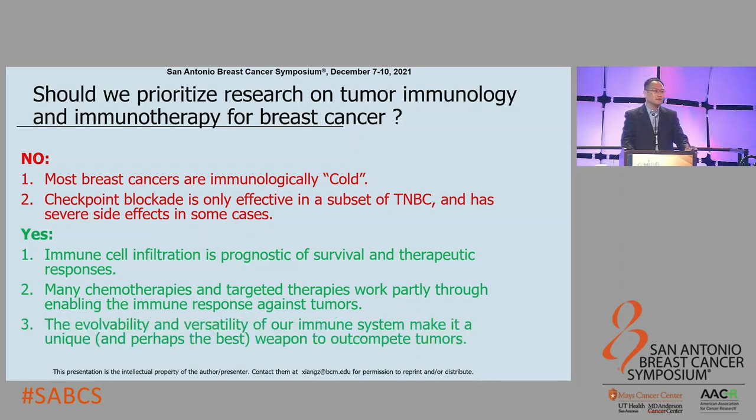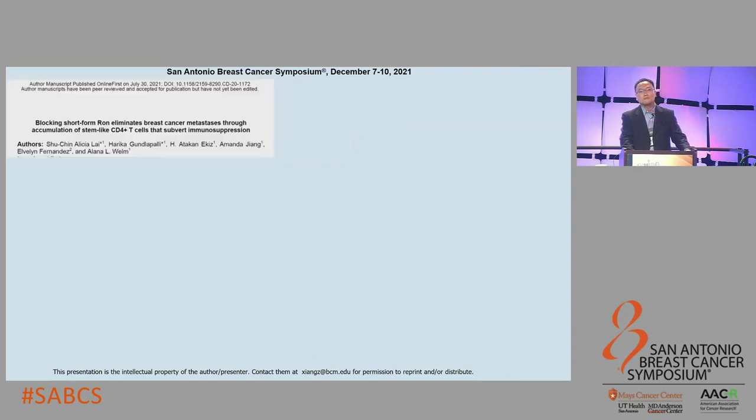And finally, it is my personal opinion that the evolvability and the versatility of our immune system really make it unique and perhaps the most powerful weapon to outcompete tumors, which are also evolvable and versatile. It's only that we need to help our immune system, and identify how they are crippled in fighting the tumor.